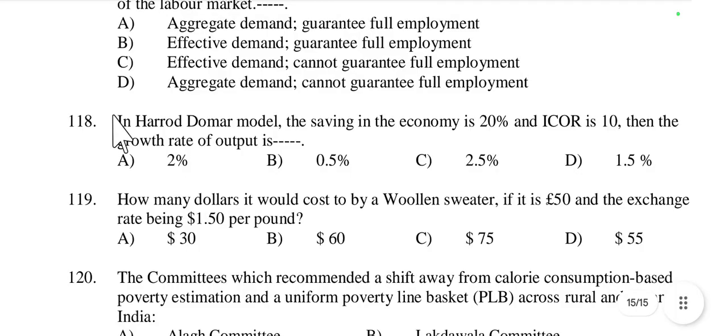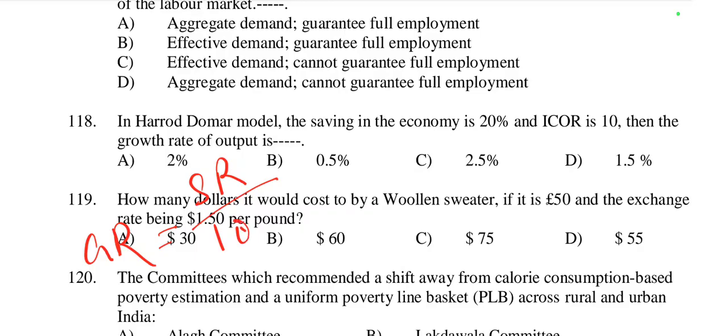Then next question, in the Harrod-Domar model, the saving in the economy is 20%, the incremental capital output ratio is 10, then what is the growth rate of output? So here we have to find out the growth rate. The formula for the growth rate is equal to saving rate divided by ICOR, the incremental capital output ratio.